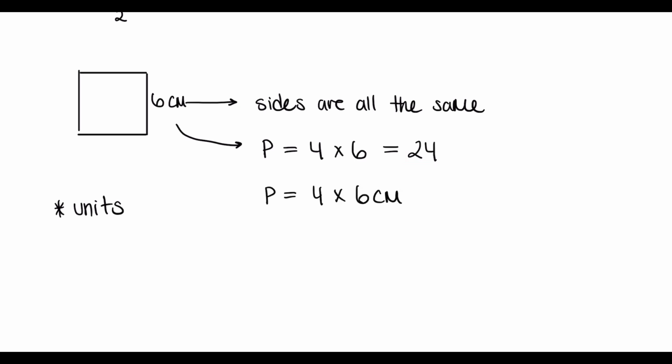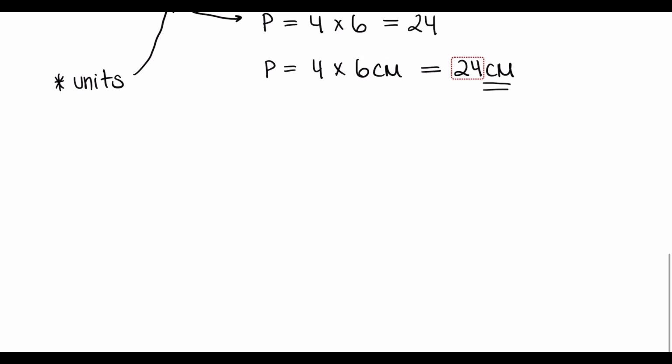So P is equal to 4 times 6 centimeters, and we are left with our answer being 24 centimeters. Whatever unit is used stays the same. So if we had meters here, we would have meters to end with. If we had decimeters, we would end with decimeters. If we had millimeters, we would end with millimeters, and so on and so forth.